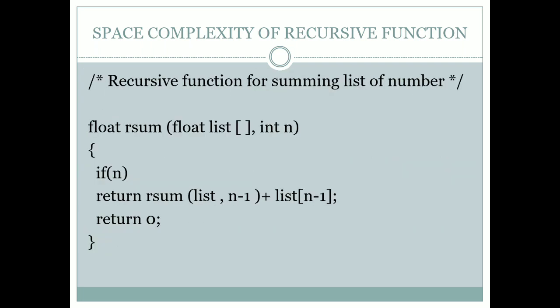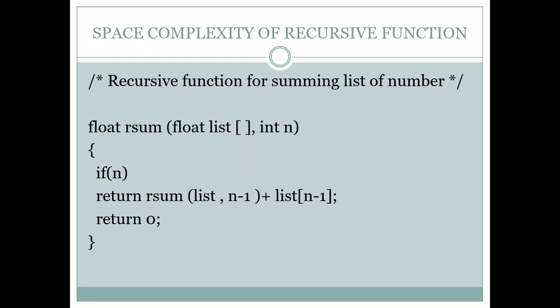Here in this example, just take a look. We have a parameter, the array, which is a list, that is our first parameter of the rsum function. The second parameter is integer n, which is of integer type, so it will require 4 bytes.